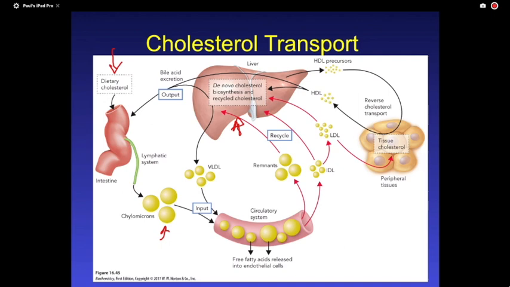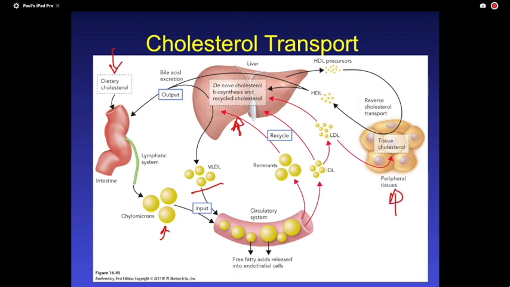All right, the liver repackages everything, and what it will do is it will send out VLDLs, and those are intended to go to all of the tissues outside the liver and to give fat and cholesterol back to the tissue, everything around.